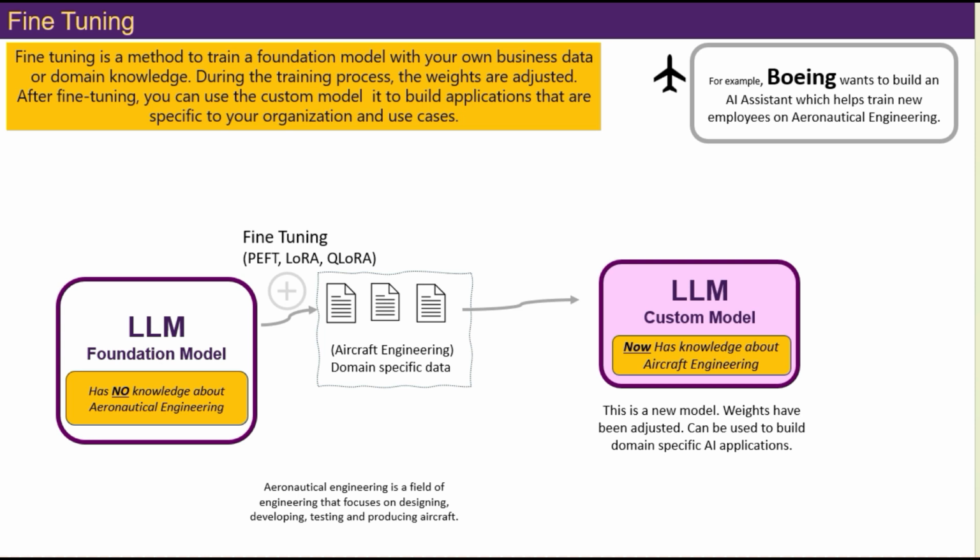Now, to use this model for an AI assistant, you have to train it. Right? So that process is called fine tuning, where you take your domain specific data and fine tune it so that the resulting model becomes a custom model. Now it has knowledge about your business domain, okay? And you can create AI assistants and you can use it in your workflow.